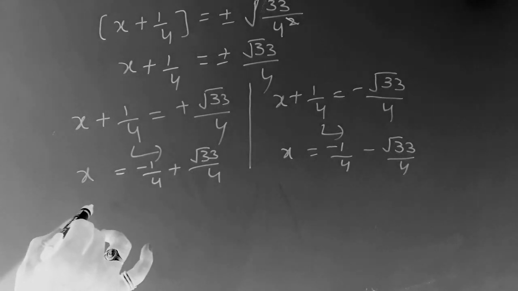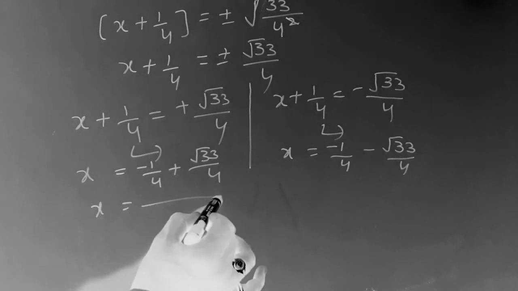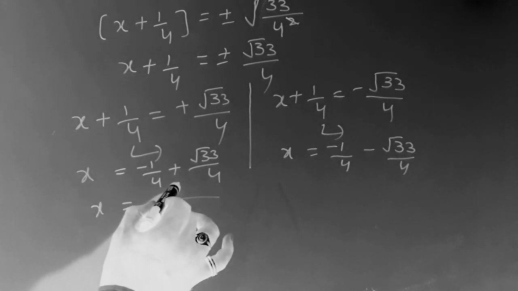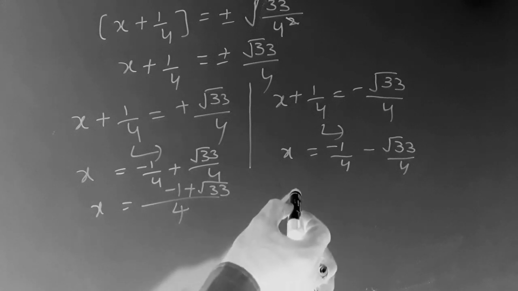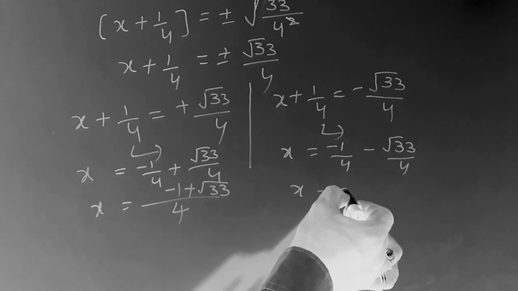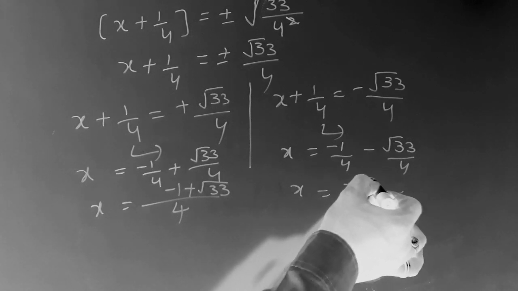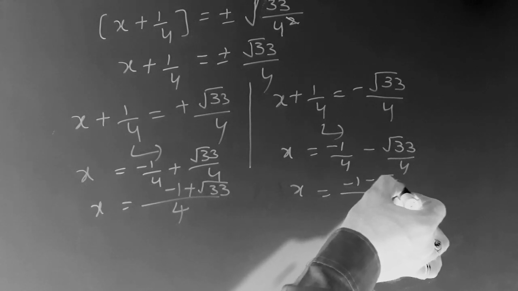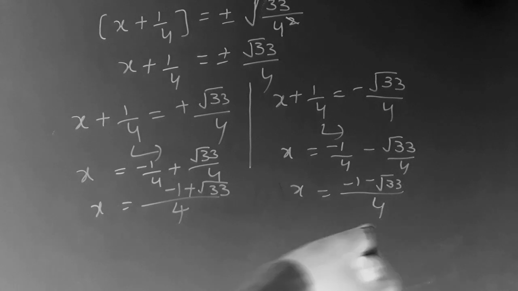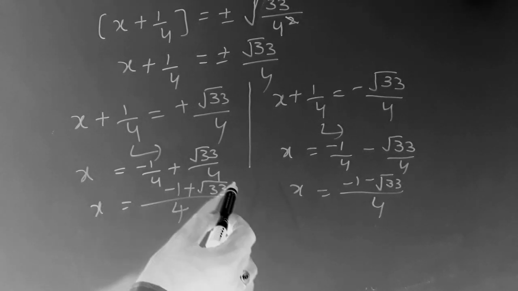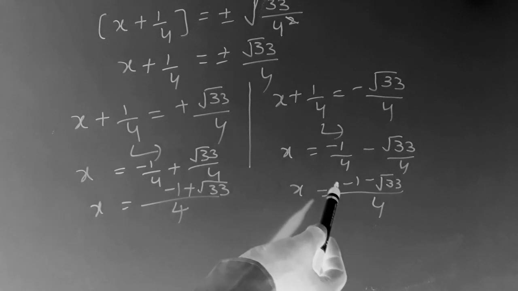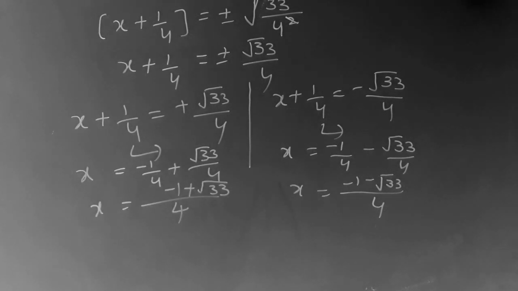Both have the same denominator, so directly we can add numerators. x is equal to minus 1 plus root 33 by 4, and x is equal to minus 1 minus root 33 by 4. Therefore the two roots are minus 1 plus root 33 by 4, and minus 1 minus root 33 by 4.